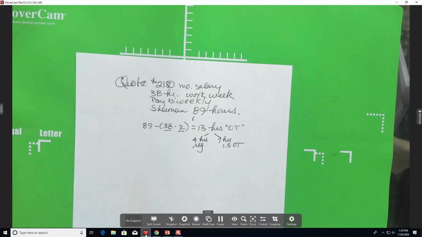But how do I find his hourly rate? What divided by what? Back up to the annual. By how many hours? A work year. How many hours in a work year?